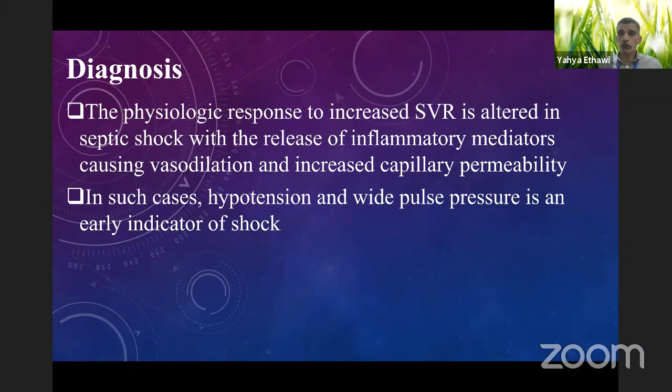The response to a drop in systemic vascular resistance is altered in some situations, such as the presence of medications, let's say like midazolam, or side products of the inflammation resulting from shock. Usually when you have shock, the systemic vascular resistance should respond and do autoregulation.